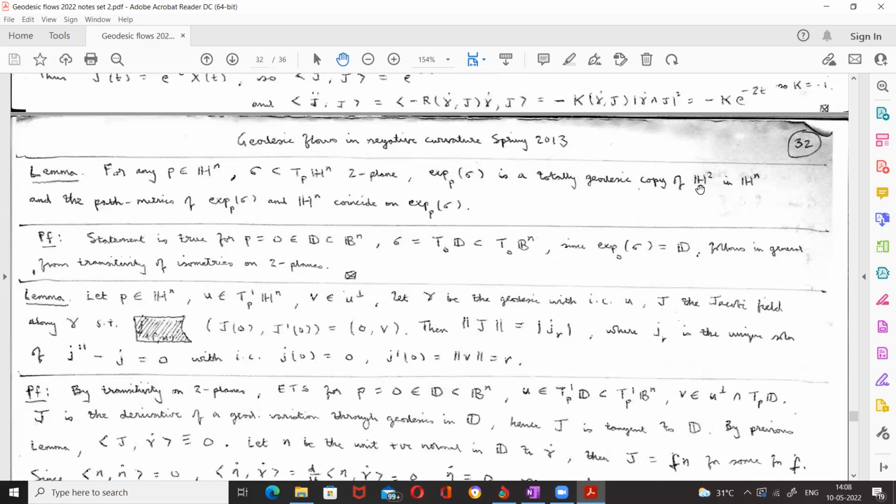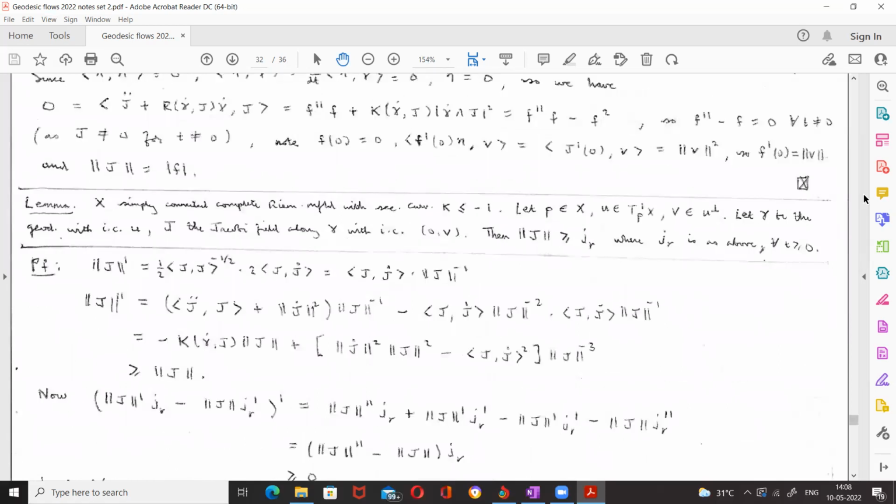So in other words, the connection of H2 applied to a pair of vector fields of H2 is the same as the connection of Hn applied to those vector fields. Is that clear? Right? Yes. Okay, fine.